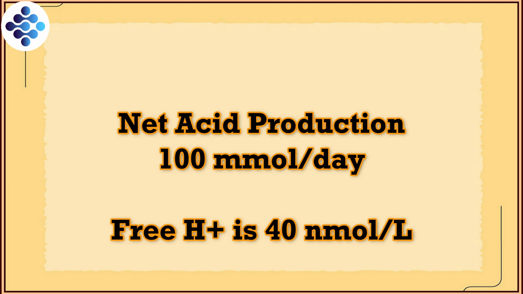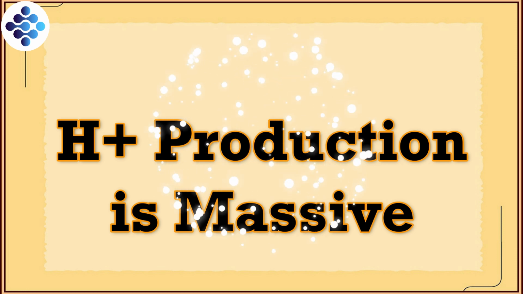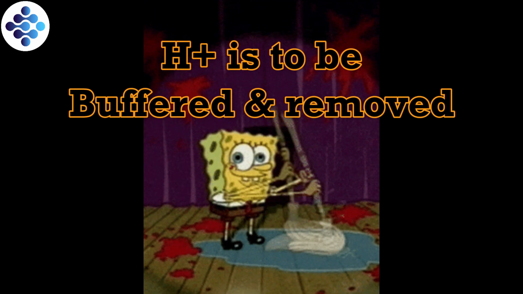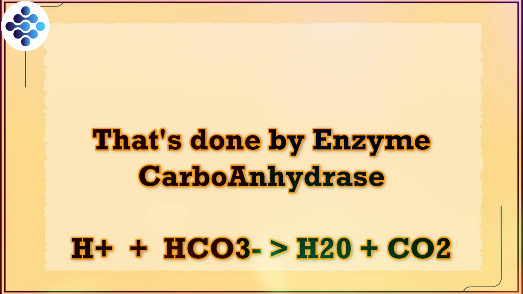So in simple words, the amount of hydrogen production is about 2 lakh times. That's the reason hydrogen ion is to be buffered and removed. And that is done by the enzyme called carbonic anhydrase. What it does is that hydrogen ion with bicarbonate leads to production of water and CO2.